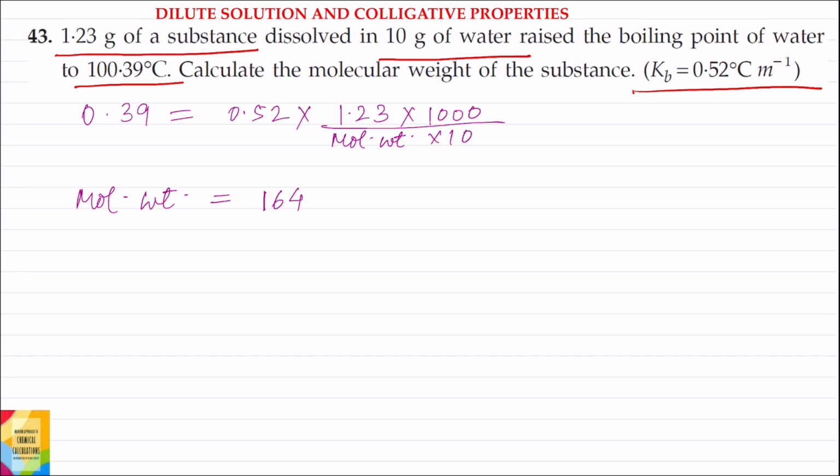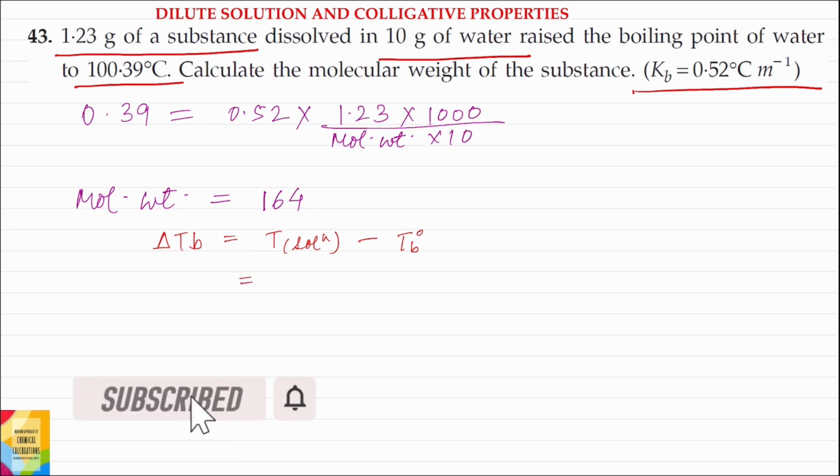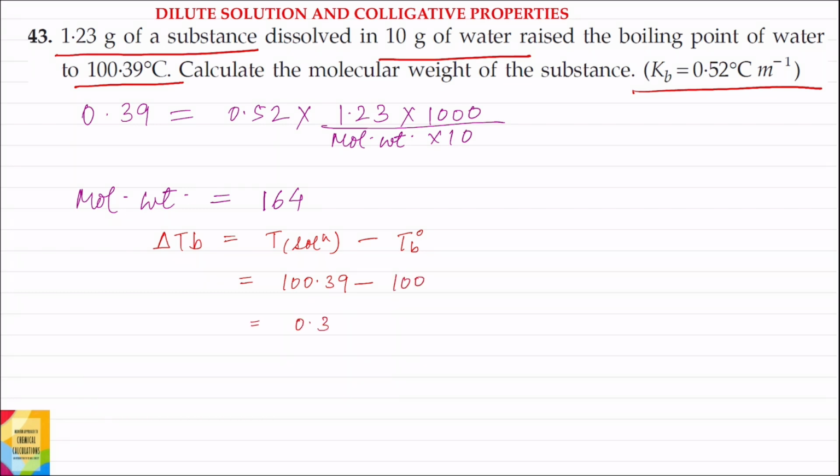Means there is elevation of boiling point, and the elevation of boiling point will be equal to boiling point of solution minus boiling point of pure solvent, and this is equal to 100.39 minus 100, which equals 0.39 degree centigrade. So this is the elevation in boiling point.